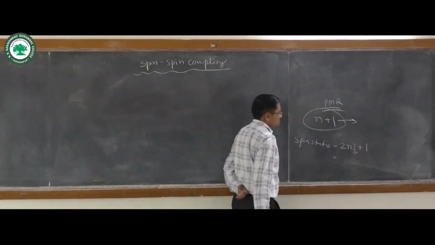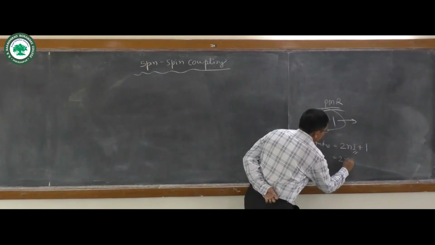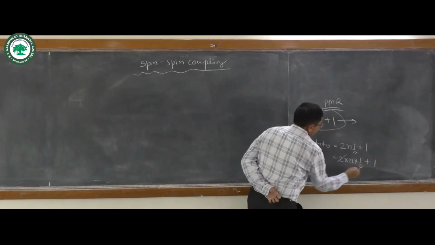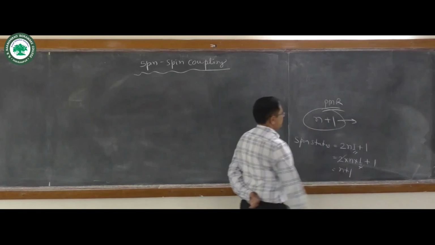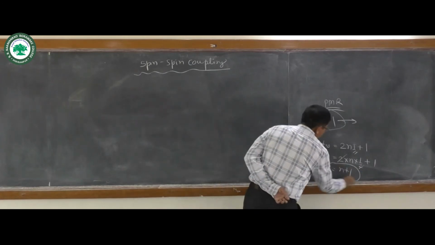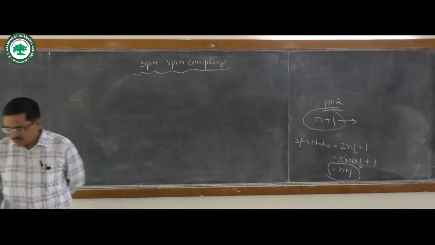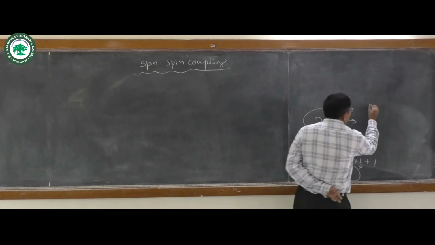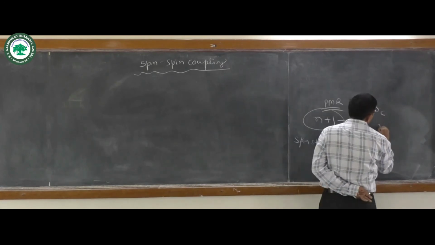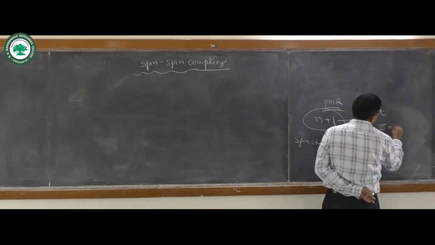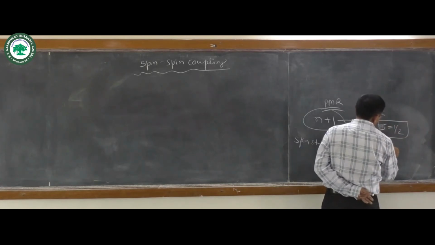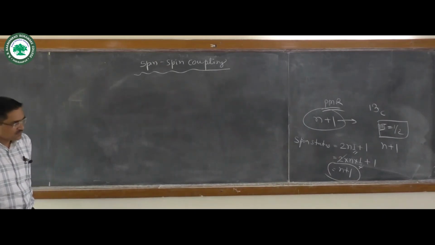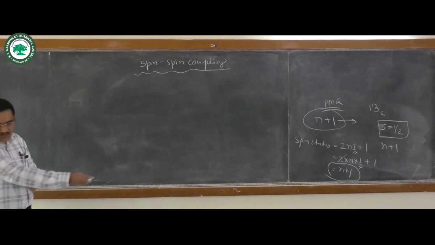Here I is the spin quantum number, so 2 into n into half plus 1; 2 gets cancelled and we get n+1. The same formula is applied for 13C NMR, because 13C also has spin quantum number half. So the formula is the same, n+1. Okay, now we will see one by one here.